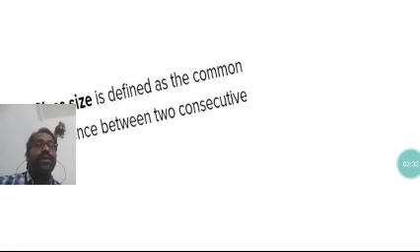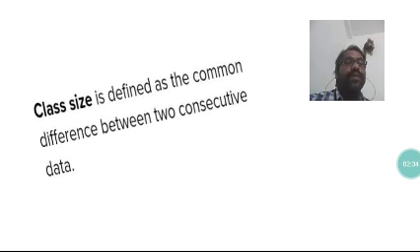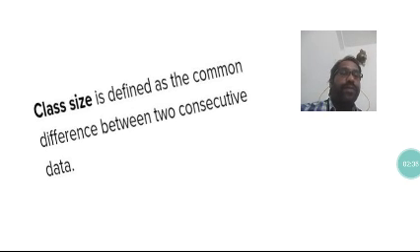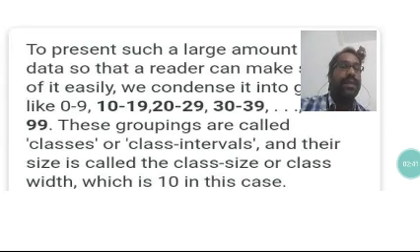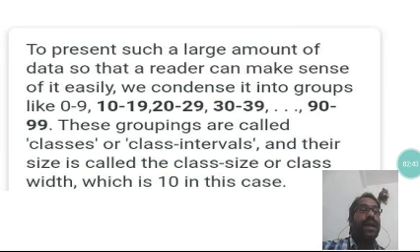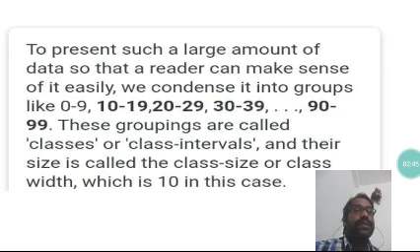Then we have one more, class size. It is the common difference between two consecutive data. That is called the class size. Suppose we have large amounts of data, so that a reader can make sense of it easily, we condense it into groups, and these groups are called class intervals.